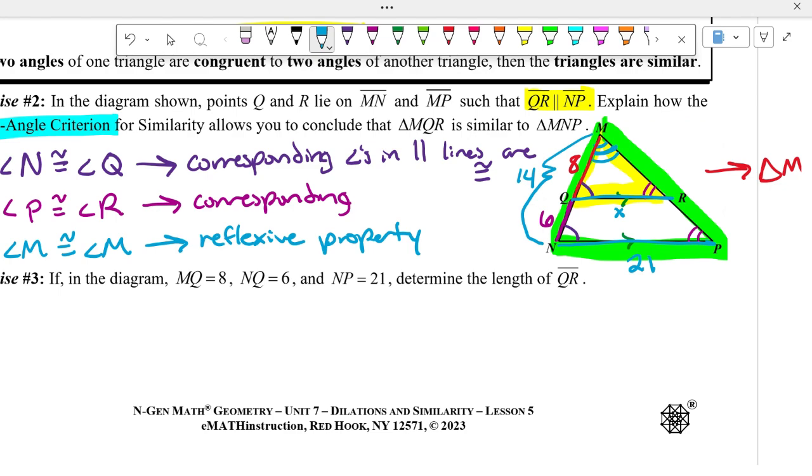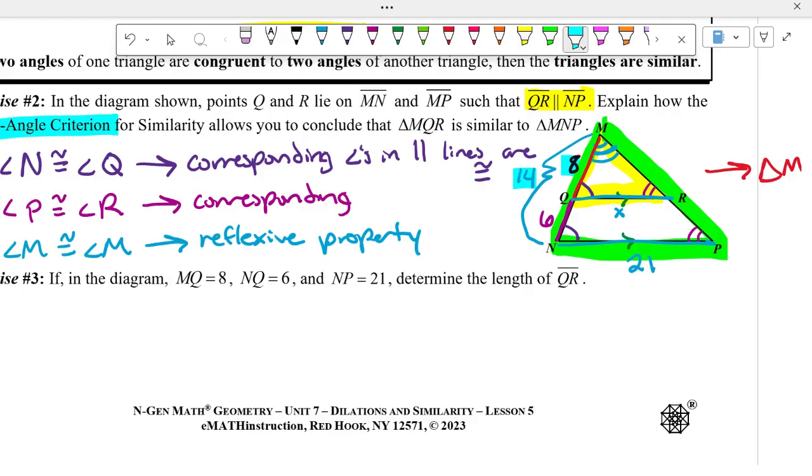So be careful with those, because they will throw those at you. They may give you enough information to find the side, but they don't outright say what the side length is. You just have to add them together. So how would I set up my proportion using those two side lengths? I'm going to be using 8 and 14, because those are my two corresponding side lengths.